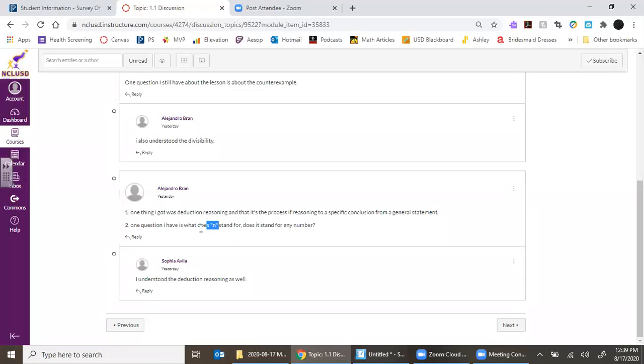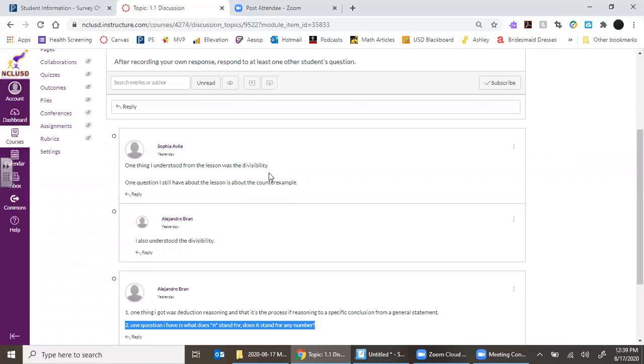I believe he was talking about that proof that we did at the very end where we started with N. So he said, one question I have is what does N stand for? Does it stand for any number? So you could also respond to Alex and say, yes, N does stand for any number. I would kind of like you guys to get into the habit of responding to number 2 when you respond to other people's discussions.